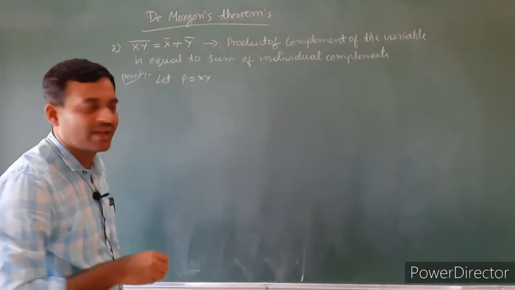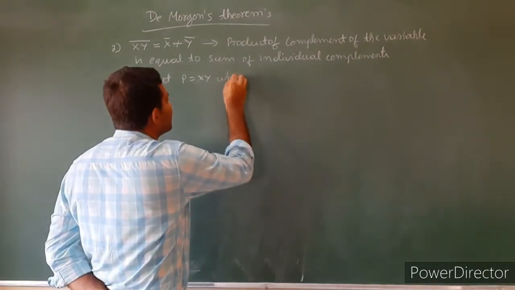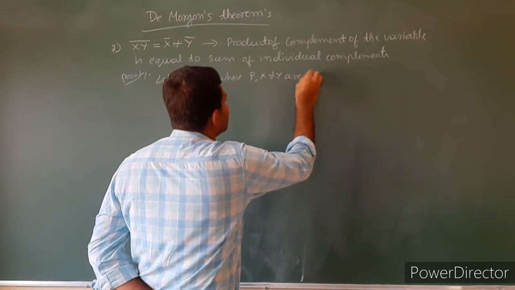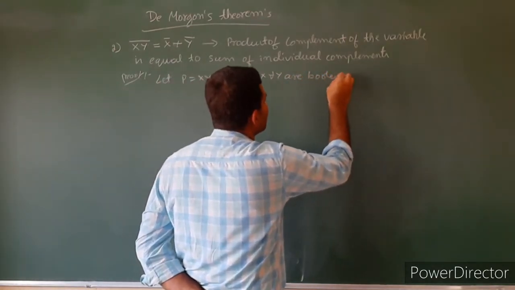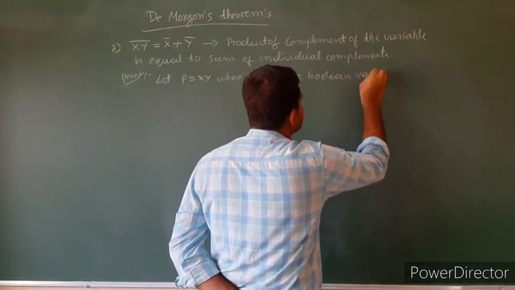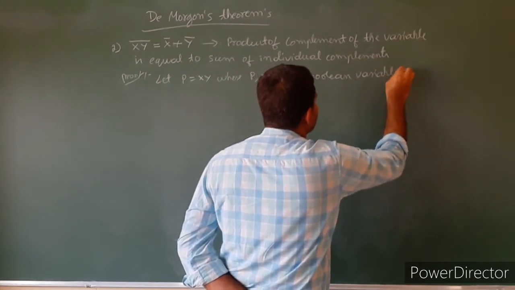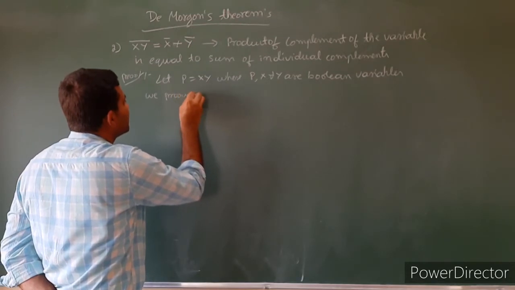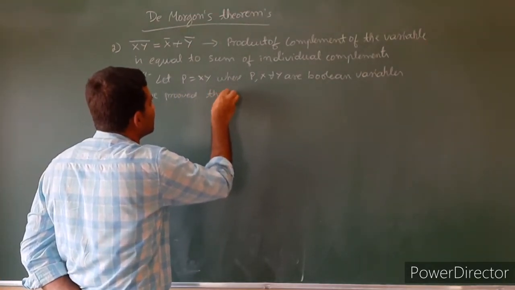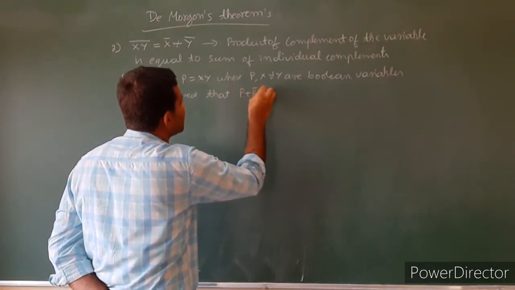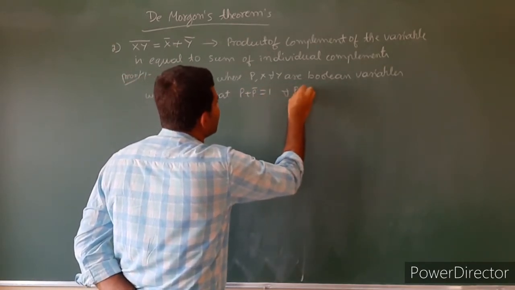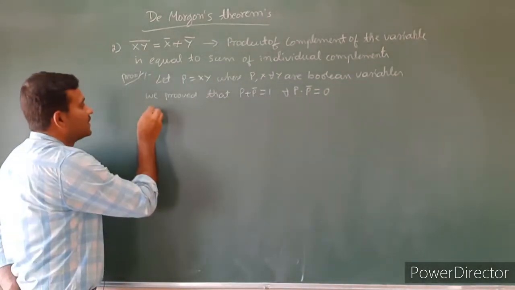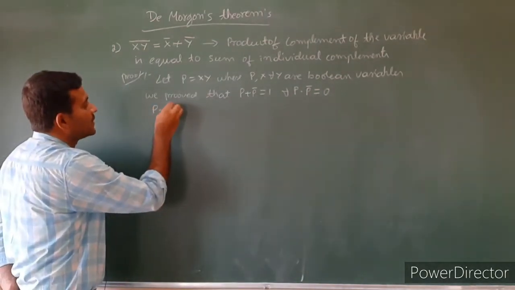Here P equals xy, where P, x and y are Boolean variables. We proved that P plus P bar is equal to 1, and P into P bar is equal to 0. For that, first consider P plus P bar.